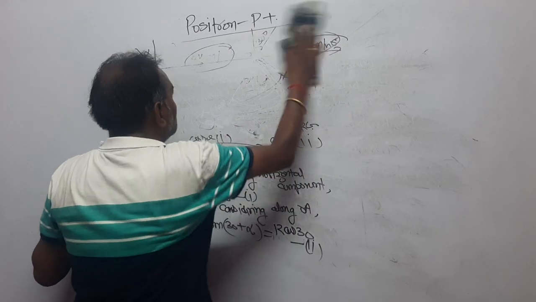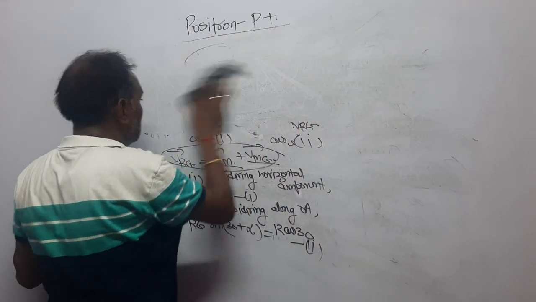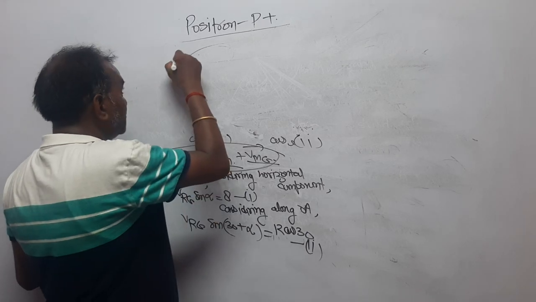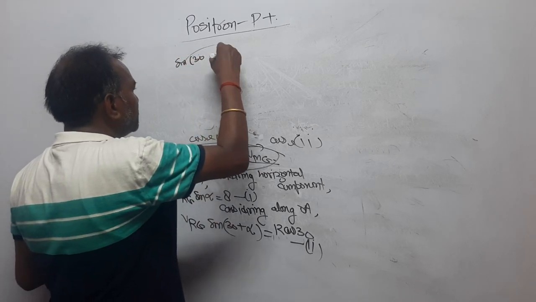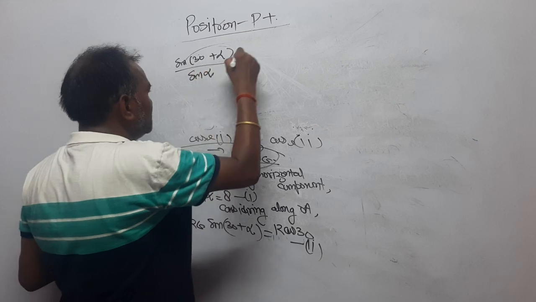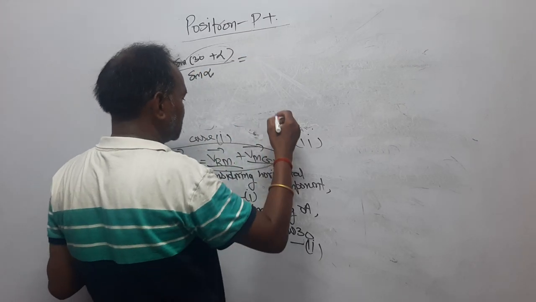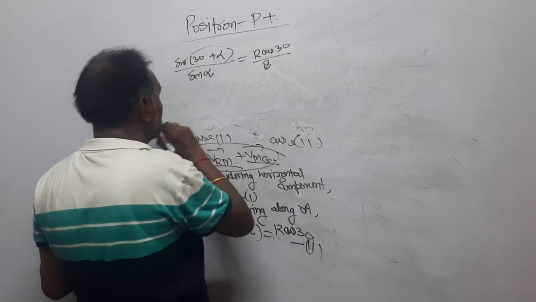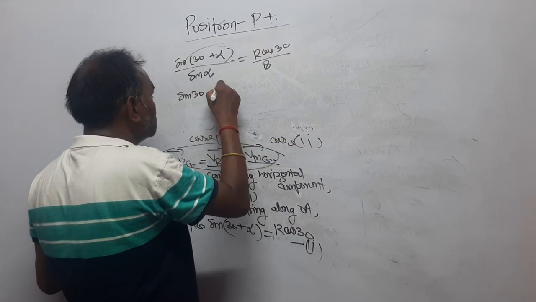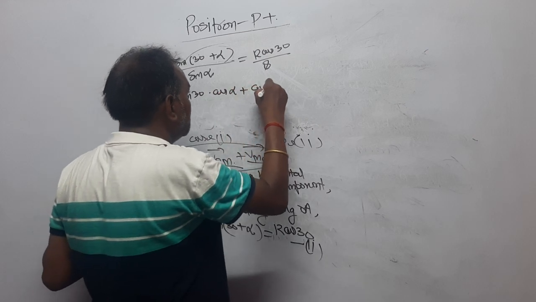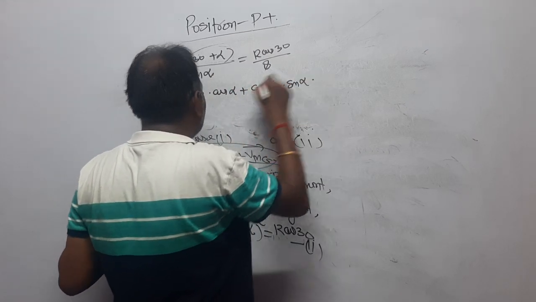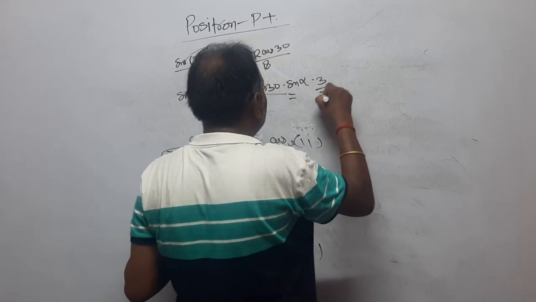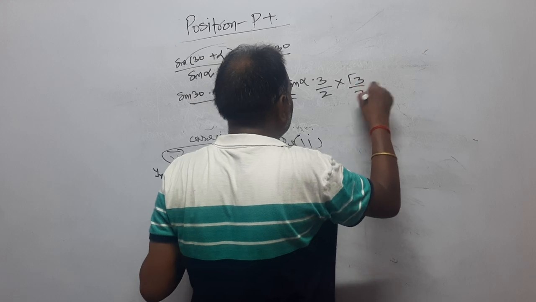Now, no problem, we can solve very easily. I am removing all this, there's no need right now. Divide these two, you will get sine(30 plus alpha) divided by sine alpha is equal to 12 cos 30 upon 8. So it is (sine 30 cos alpha plus cos 30 sine alpha) divided by sine alpha, that is equal to 3 by 2 times cos 30, which is root 3 by 2.